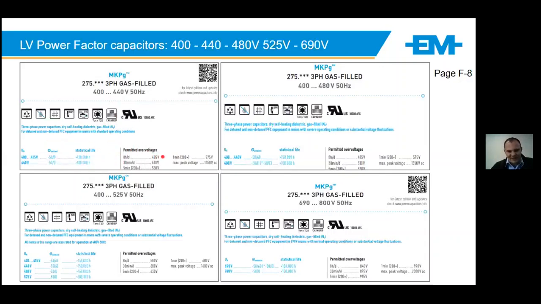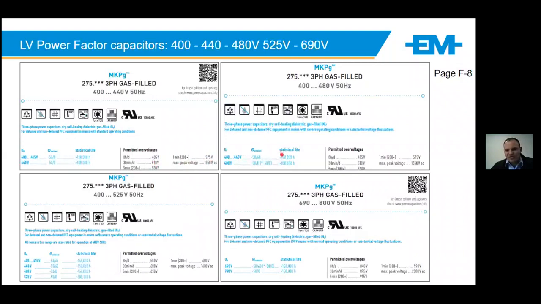If that site was to see an event of a higher voltage, you have permitted over-voltages on these capacitors. This section is your operating section, and think of this as a bit of a safety net if something was to occur on those sites.